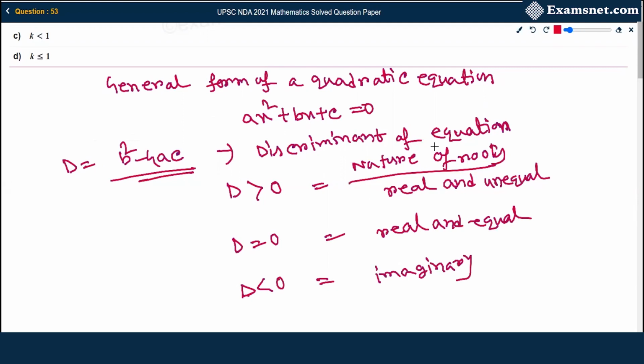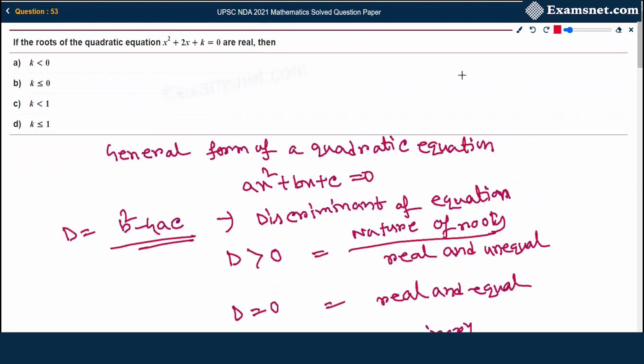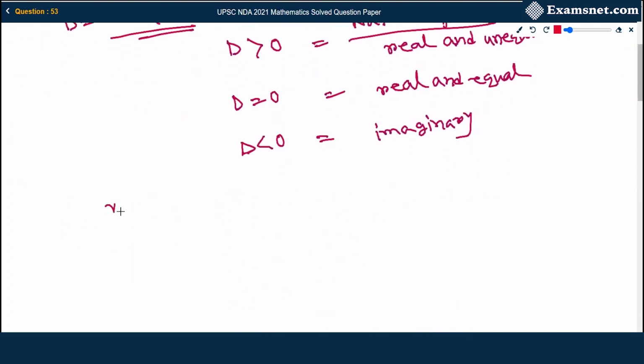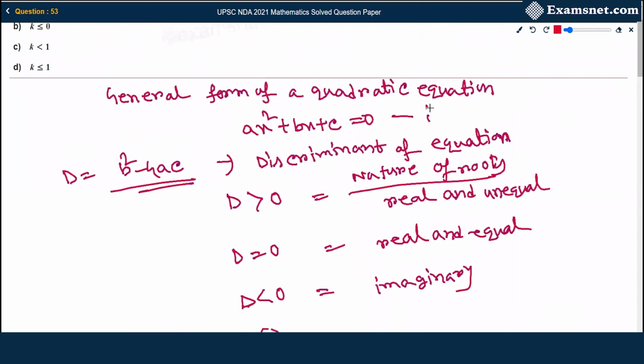So yes, now let's look at the question again. It is given that x square plus 2x plus k equals 0. This is a quadratic equation, right? Let's name it equation 2 and the general equation as 1.